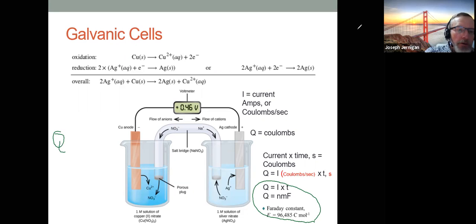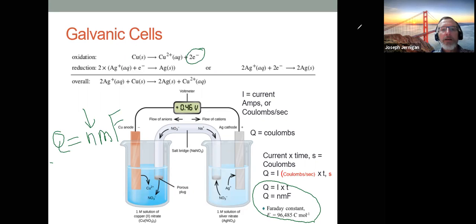So Q is equal to N M F. N is the number of electrons. M is moles, straight moles.